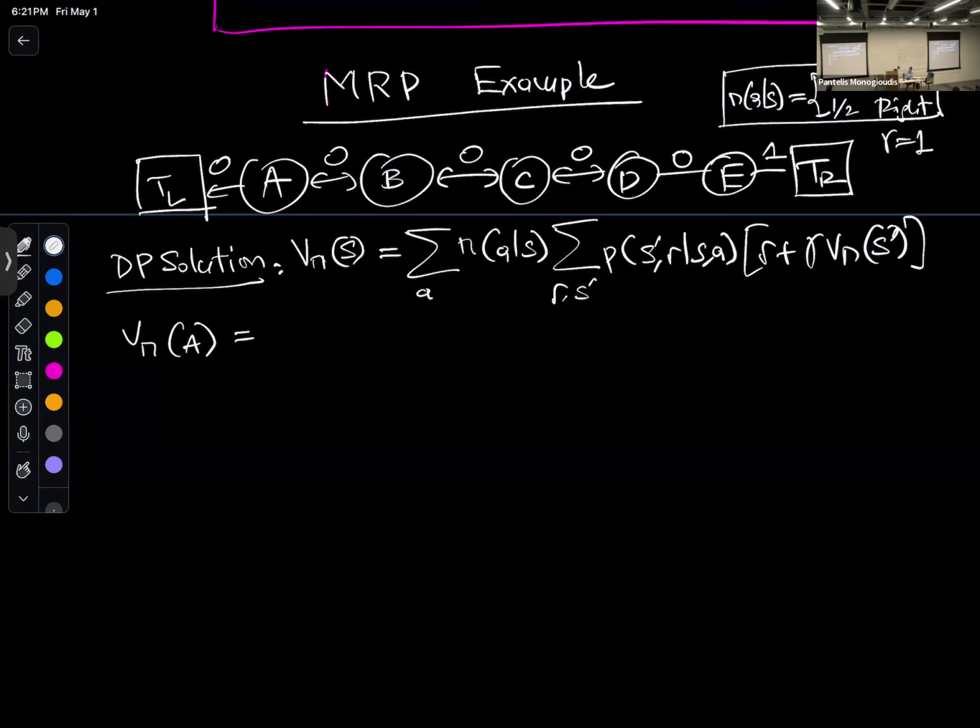I think I remember me drawing some kind of tree, right? This is the S, this is the pi. It always pays to do this just to understand what's happening.